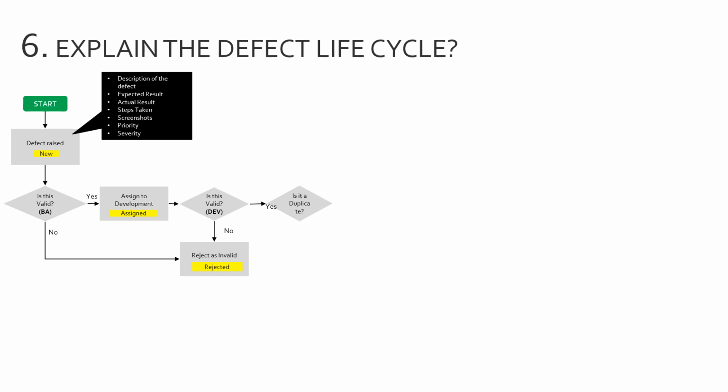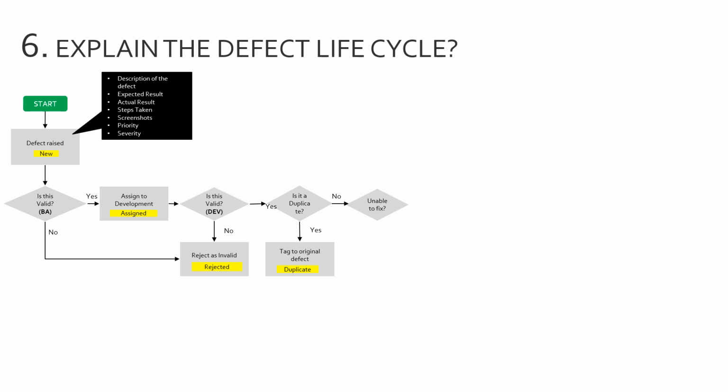What would happen in that scenario is there would be multiple testing teams testing the same functionality, and there are a lot of cases where there might be duplicate defects. So they'll check whether it's a duplicate or not. If it's a duplicate, they will tag it to the original defect, the defect which was raised first, and the status of this particular defect will be duplicate. And then let's say it's not a duplicate, they will check whether they're able to fix it.